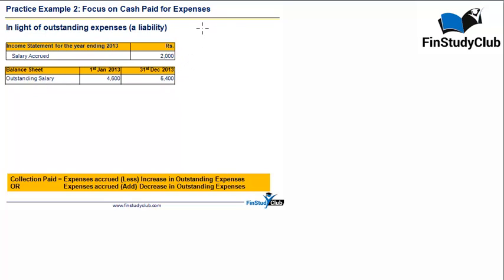Again I will do it by all three methods, by creating a ledger account of outstanding salary, which is your opening. Outstanding salary is a liability, and liabilities generally have a credit balance. So opening was 4600, your closing is 5400.